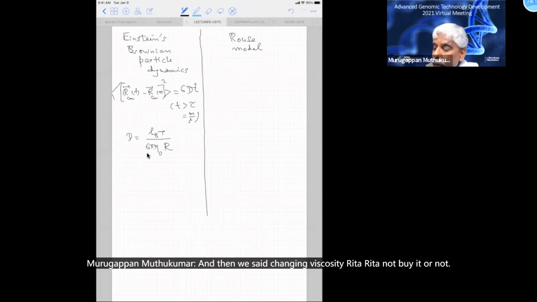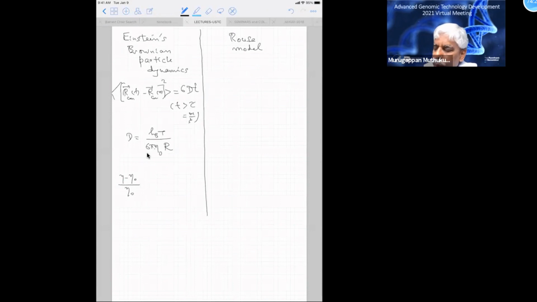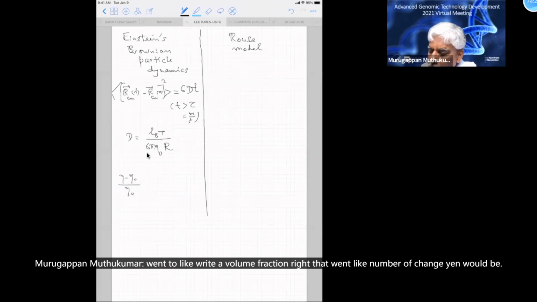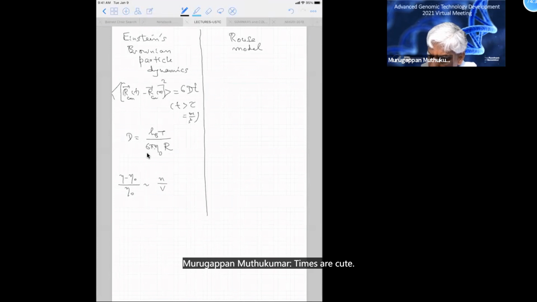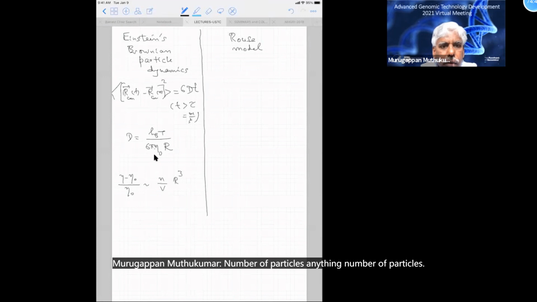And then we said the change in viscosity, eta minus eta naught by eta naught, went like a volume fraction. That went like N over V times R cubed, where N is the number of particles.